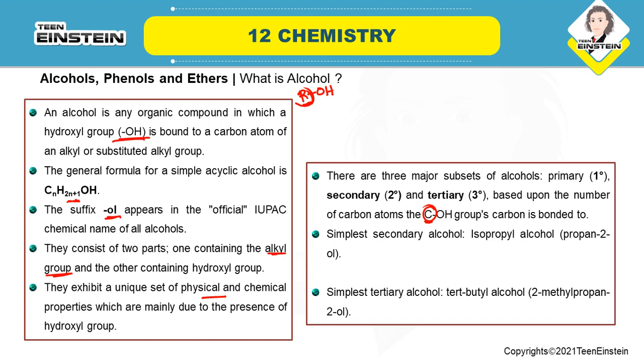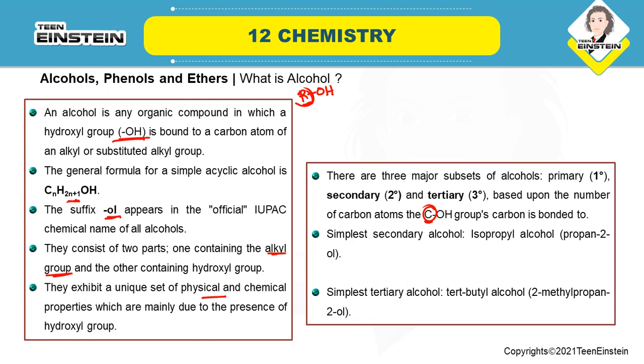If it is attached to 3 carbons, it is called 3 degree or tertiary. If it is attached to 2 carbons and 1 hydrogen, it is secondary, and if it is attached to only 1 carbon and 2 hydrogens, it is called primary or 1 degree.